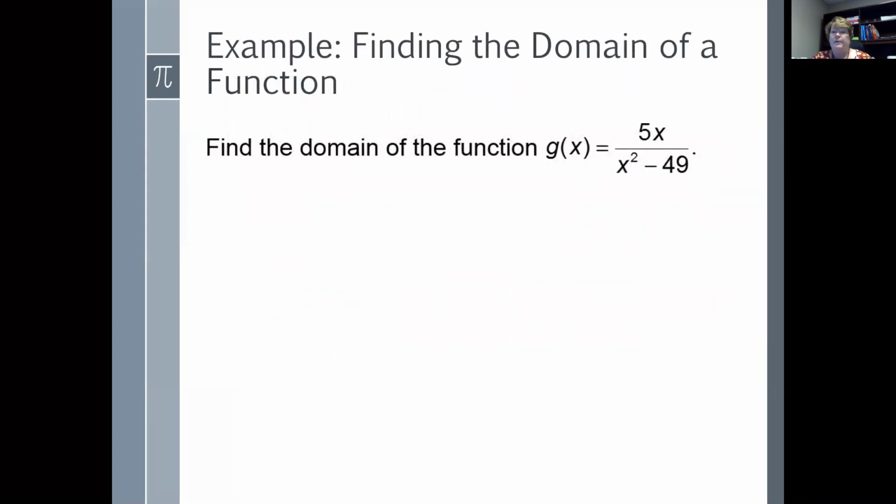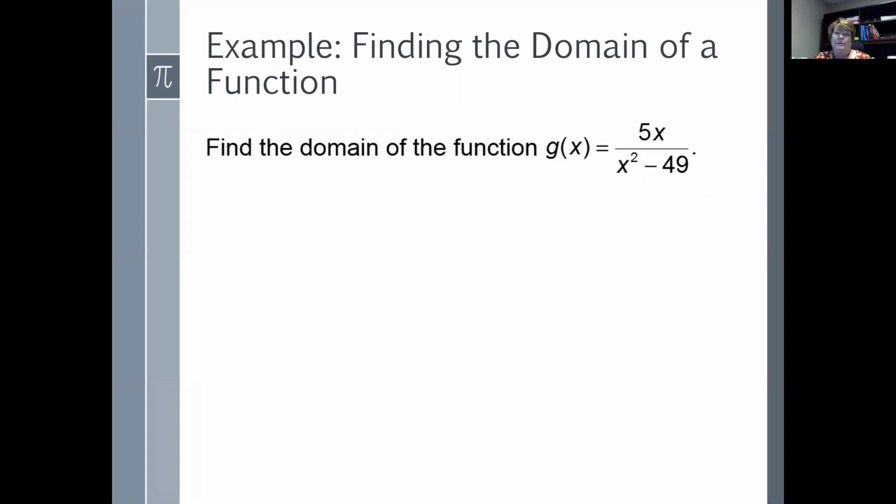So I have the function here, g of x equals 5x over x squared minus 49. So I have a function being defined using an equation. And in this case, I have an input variable, x, in the denominator of a fraction.